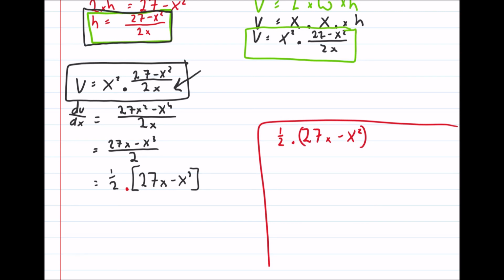Right, well, here's our u, here's our v. I need to get u, v, du/dx, and dv/dx. I know the formula, so you can look in your logbooks if you don't know it. Right, so u is a half, v is 27x minus x cubed, du/dx, so a half differentiated is 0, and v differentiated is 27 minus 3x squared.